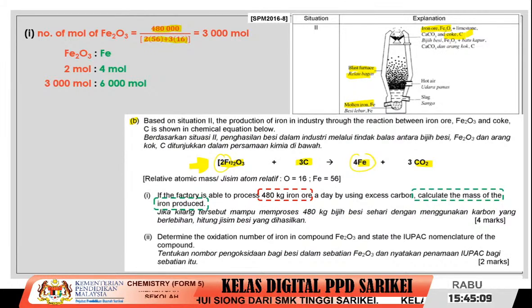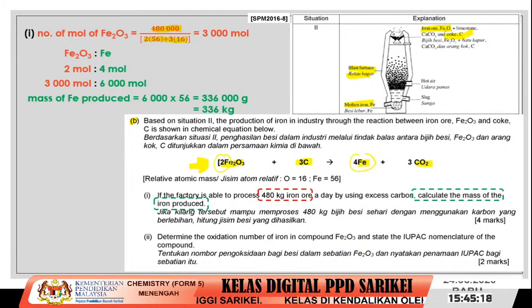So 6,000 moles of molten iron is equal to how many kilograms? The mass of iron produced is equal to 6,000 times 56. 56 is the relative atomic mass of iron. So I may obtain 336,000 grams, equal to 336 kilograms of molten iron.